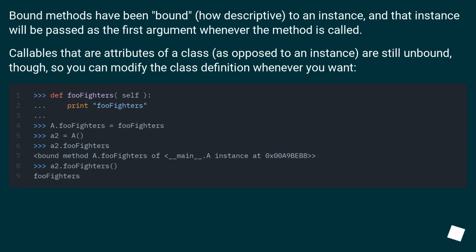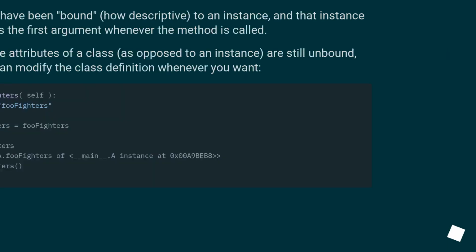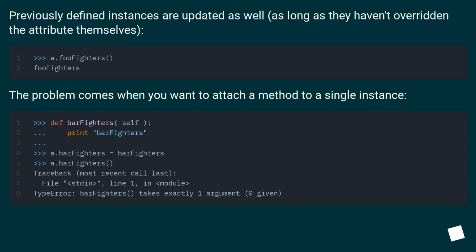Callables that are attributes of a class, as opposed to an instance, are still unbound, though, so you can modify the class definition whenever you want. Previously defined instances are updated as well, as long as they haven't overridden the attribute themselves.